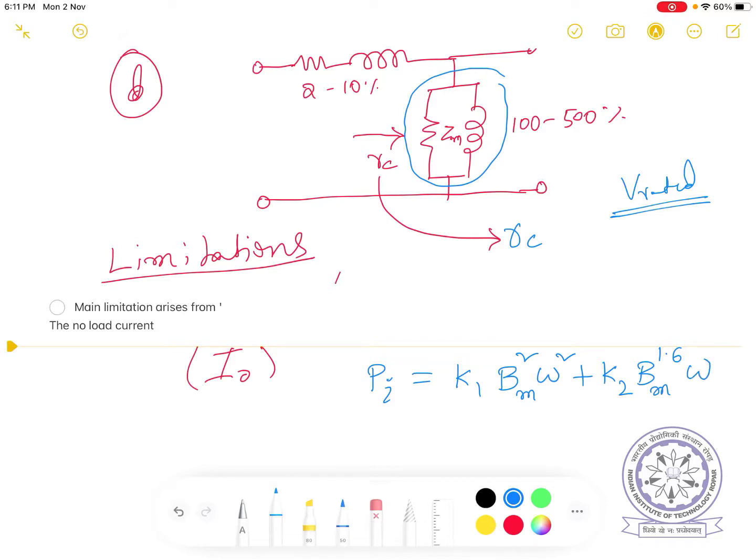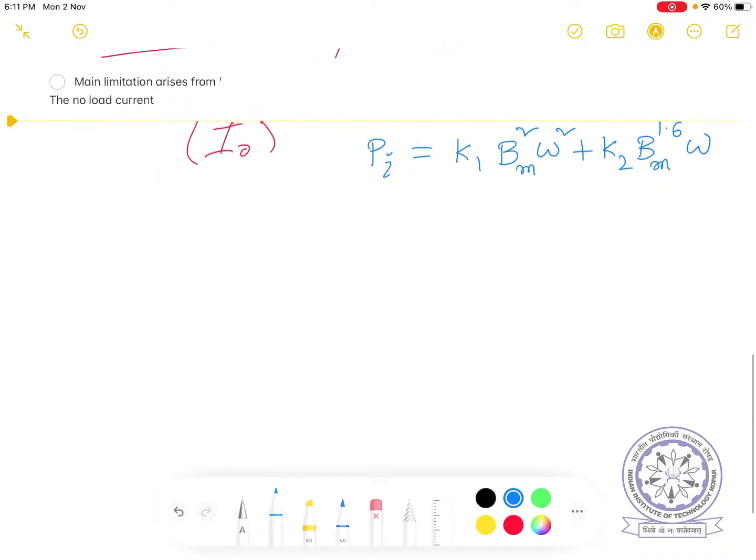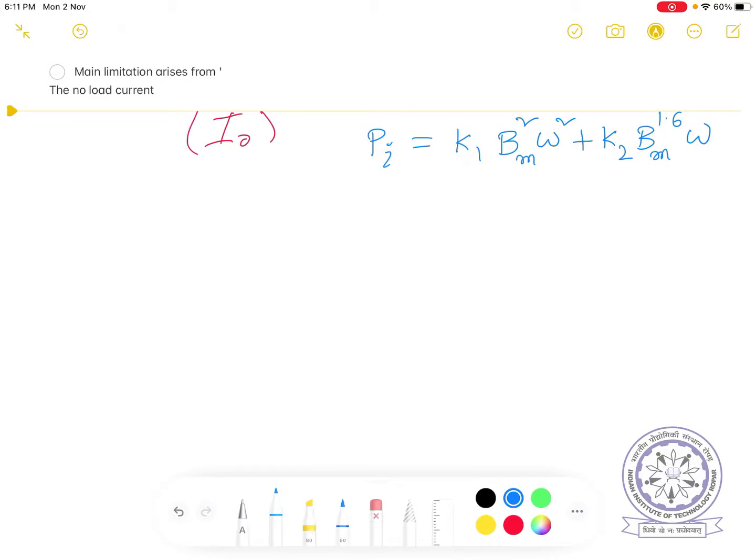As you can see, one is the hysteresis and the other is the eddy current component. So this is the core loss inside the transformer.